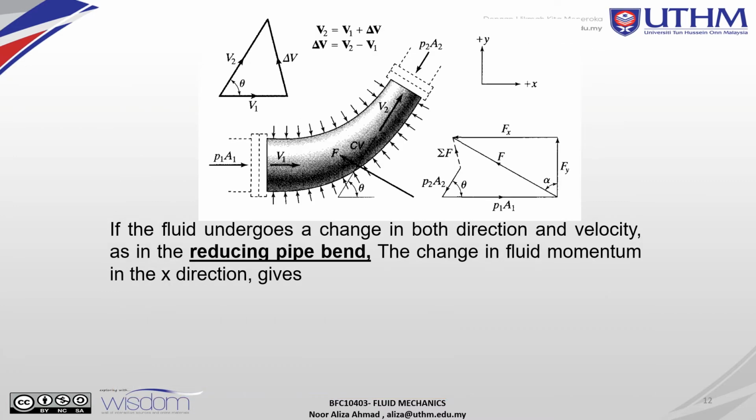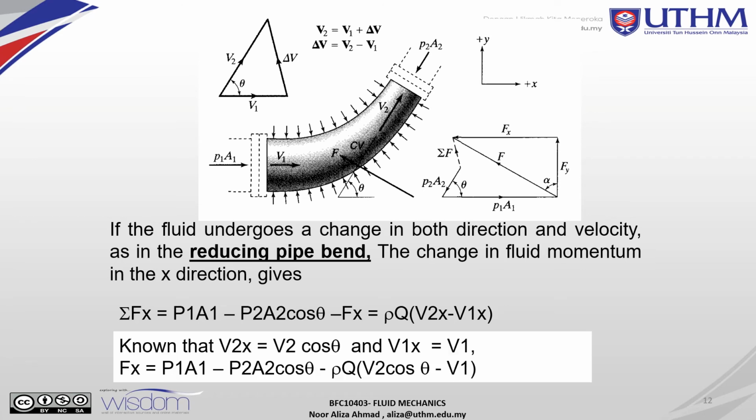But for the reducing pipe bend, if the fluid undergoes a change in both direction and velocity, as in the reducing pipe bend, the change in fluid momentum in the x direction gives this. Because they have the bend here, you must consider the angle, so you must consider the x direction and also the y direction. For the x direction, you must consider cos theta.